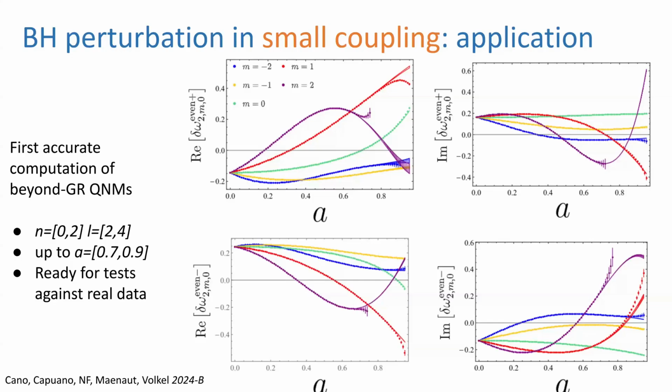When it starts splitting, then you say, okay, maybe I need more orders to get a more precise result. And so with 16th order, you can go only up to 0.7 for some modes.